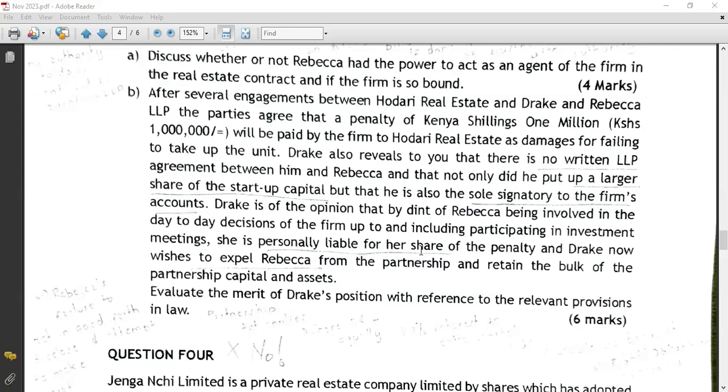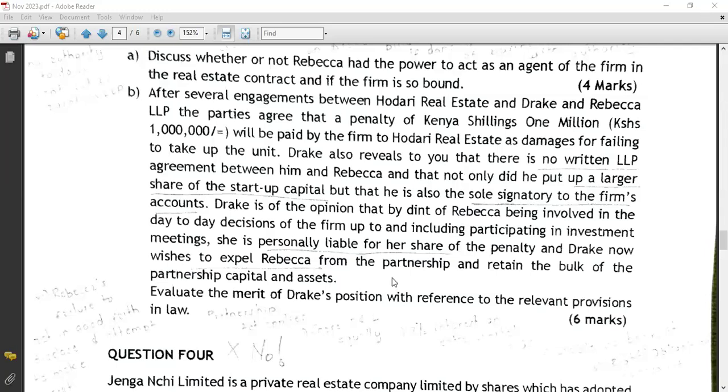Then it is said that he put up a larger share, which means there's what Rebecca put in, which may not be as big as what he put in. So I think for this one, I'm a bit confused as to how best to answer it.